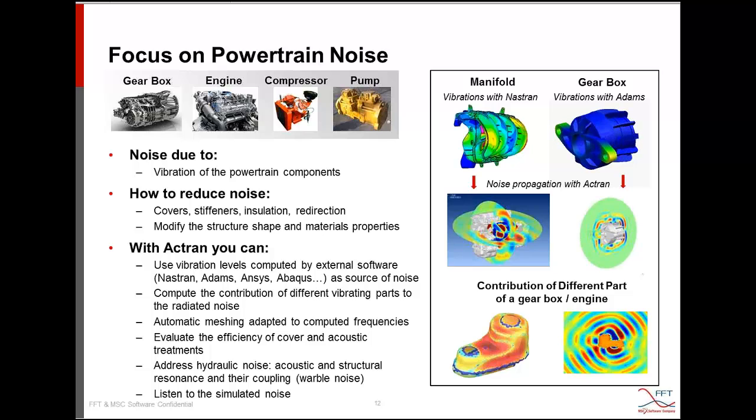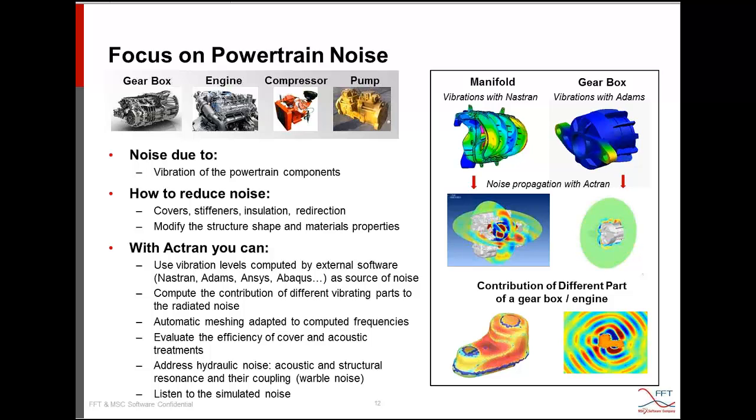So, about the powertrain noise, this latter is due to the structure vibration and vibration also of different components. It can be reduced by adding covers and stiffness, as well as by modifying material properties and the structure shape. Actran can be used for predicting the noise radiated in far field, namely far from the source.